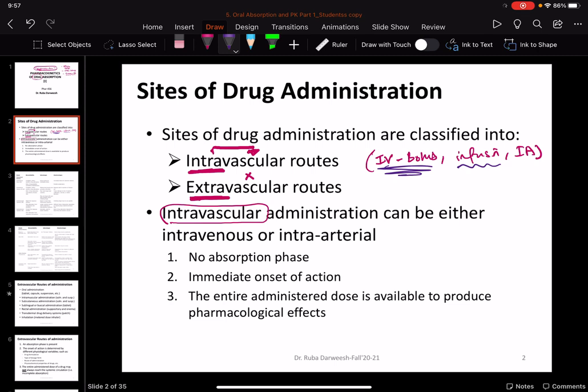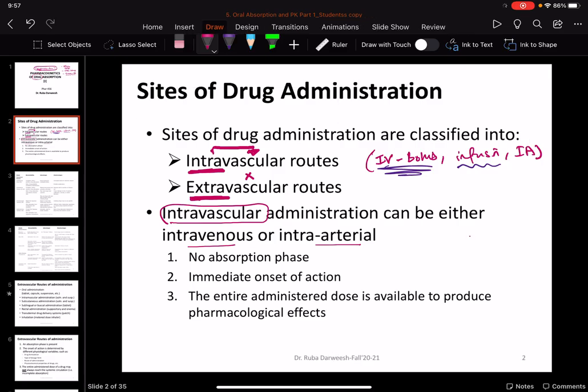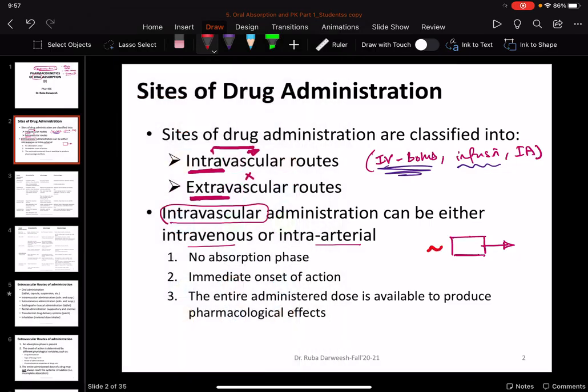In intravascular administration, again, it could be intravenous or intra-arterial. According to at least what we know from the one compartment model, we didn't have any absorption process.